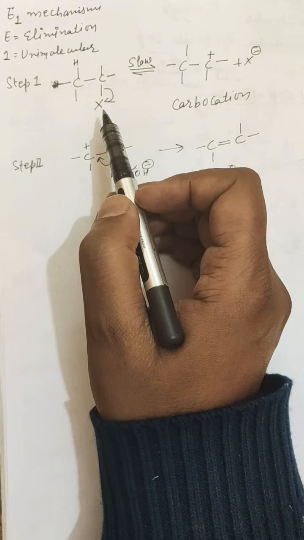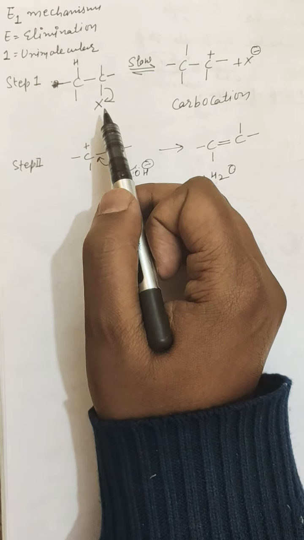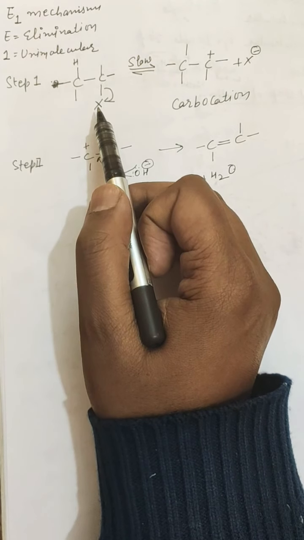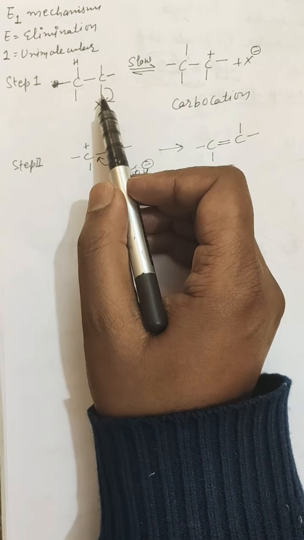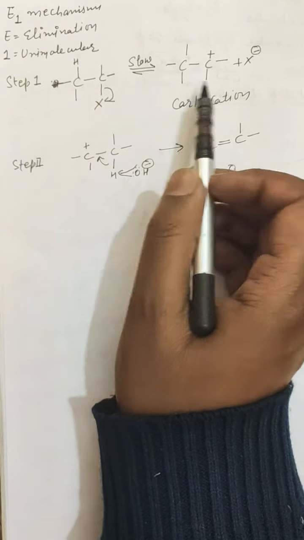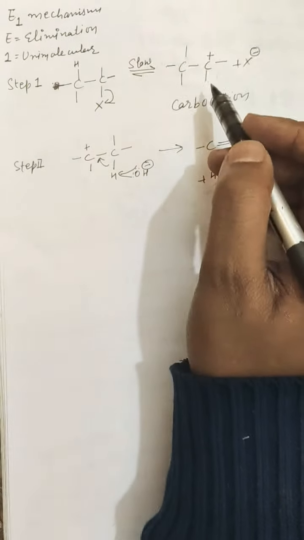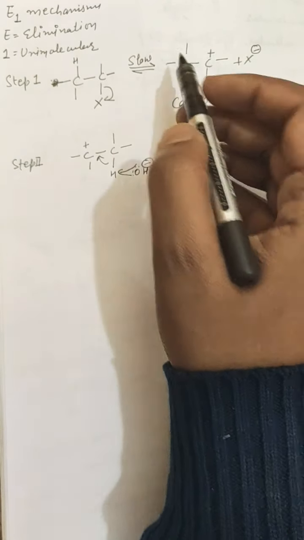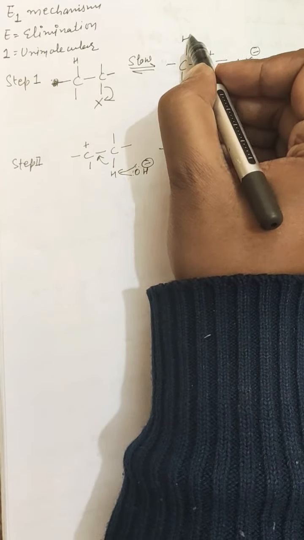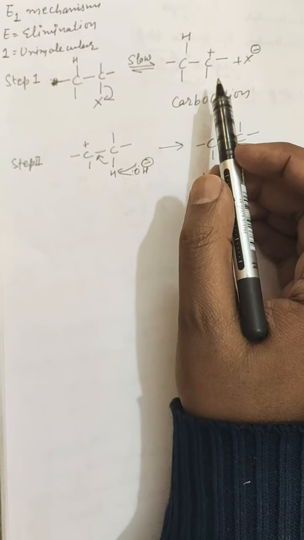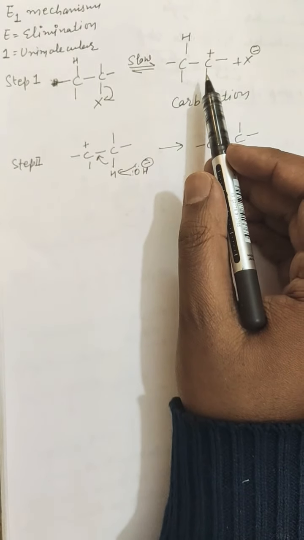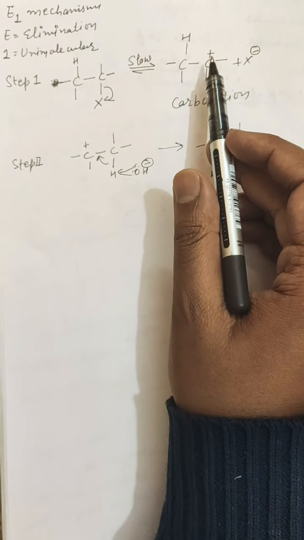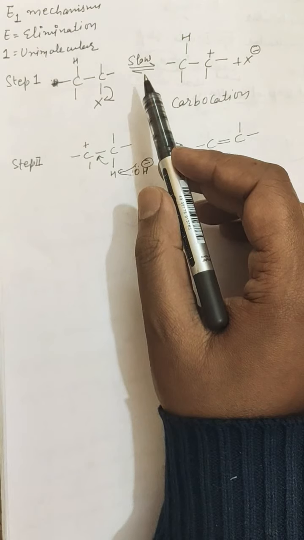A heteroatom is an atom other than carbon, so here the heteroatom is a halogen, and this halogen leaves the substrate along with this bonded pair of electrons, and due to this the substrate is converted into a carbocation. I told you in initial lectures what a carbocation is. A carbocation is a cation in which carbon carries the positive charge. So here carbon is carrying the positive charge, and this step is the slow step.